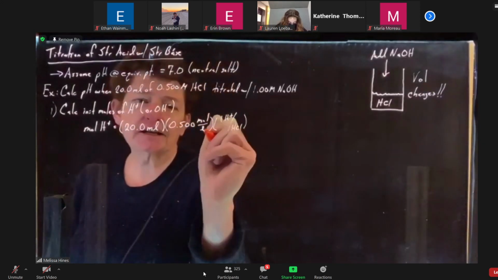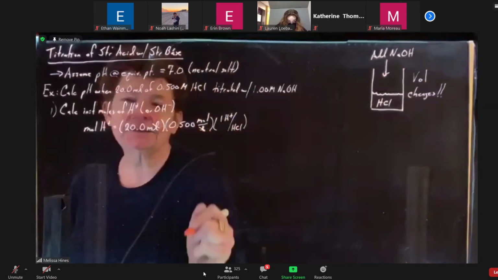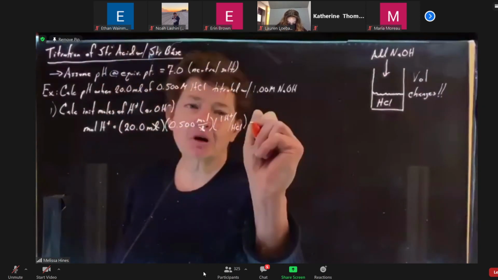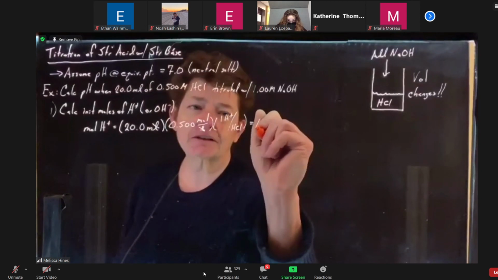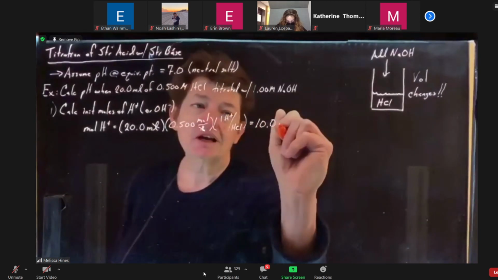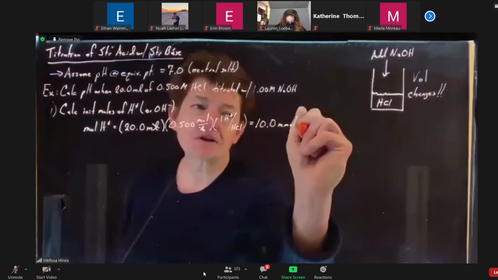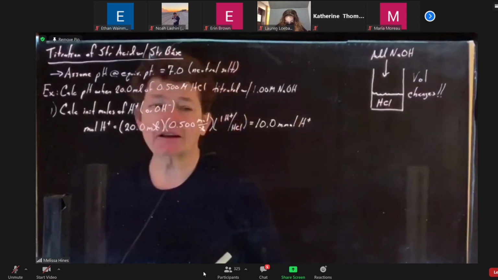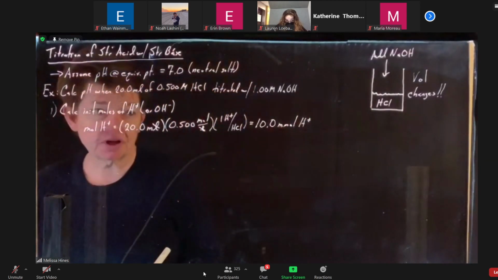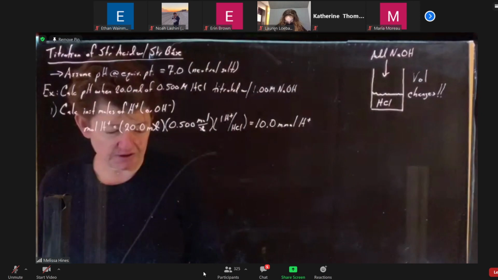Now I can cancel out my liters, multiply this out, and this is going to give me 10.0 millimoles of H plus. Now, this is what you're going to be neutralizing during your titration, so that's why we want to know that.